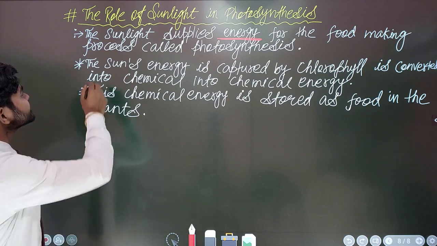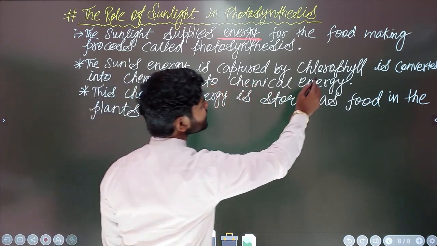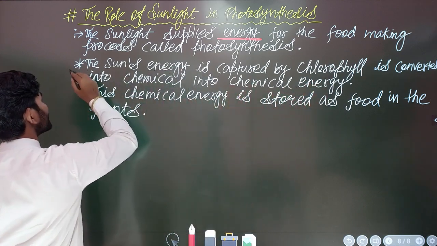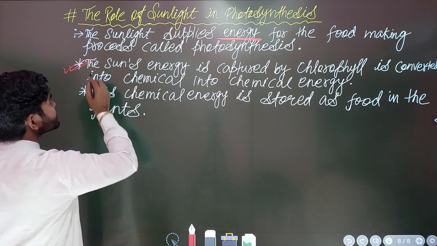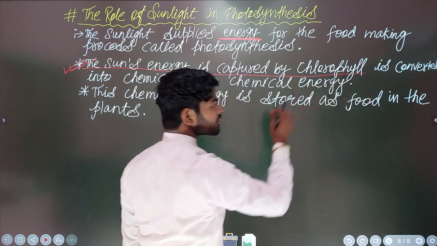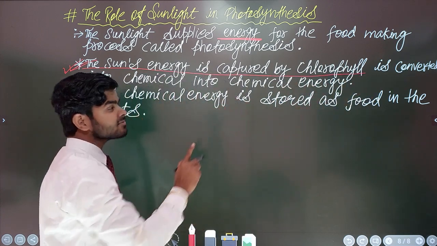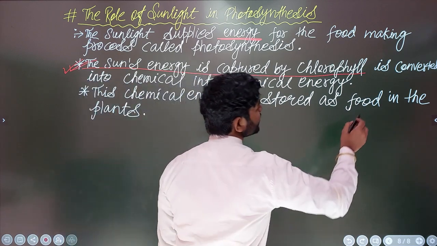The next one is that the sun's energy is captured by chlorophyll. This is the most important thing, and it is basically an objective question. Can we ask a question from this particular point? Of course, yes.